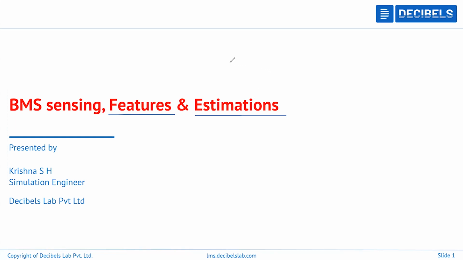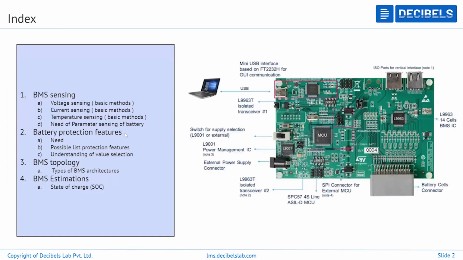So let me jump to the agenda. First we'll start with BMS sensing. Under the BMS sensing, we'll see what all parameters of the cell. Whenever we talk about the BMS, it is battery management system. When we talk about the battery as a whole, and if you consider a part of it, it is a cell.